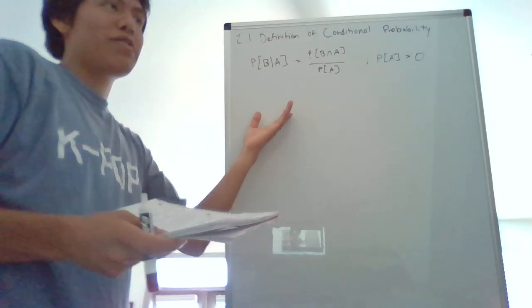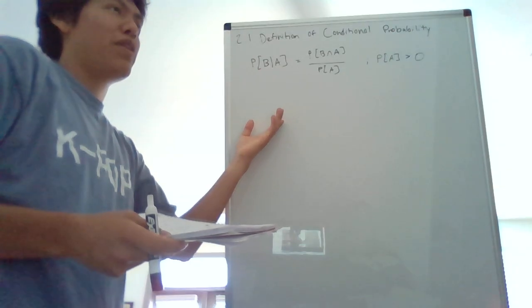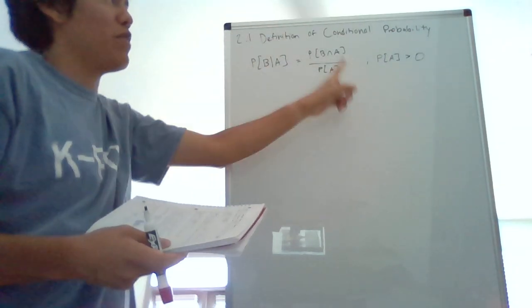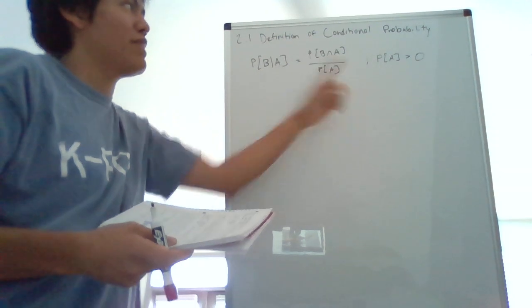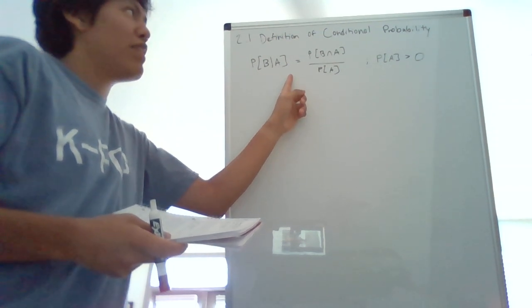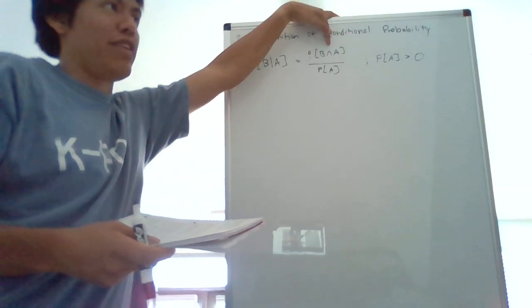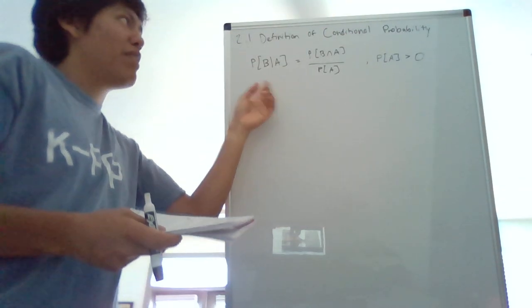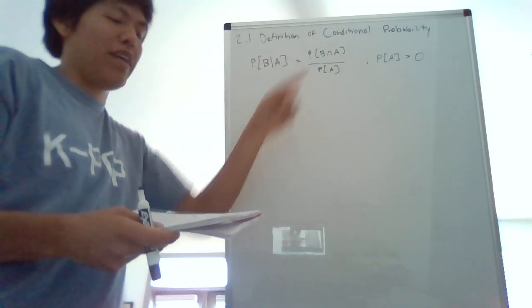This is also another way of being able to find either one of these probabilities. Let's say we're given already the probability of B given A, and it asks us to solve for the intersection. Well, we would pull up this exact same expression, plug in what we know, and then solve for that.